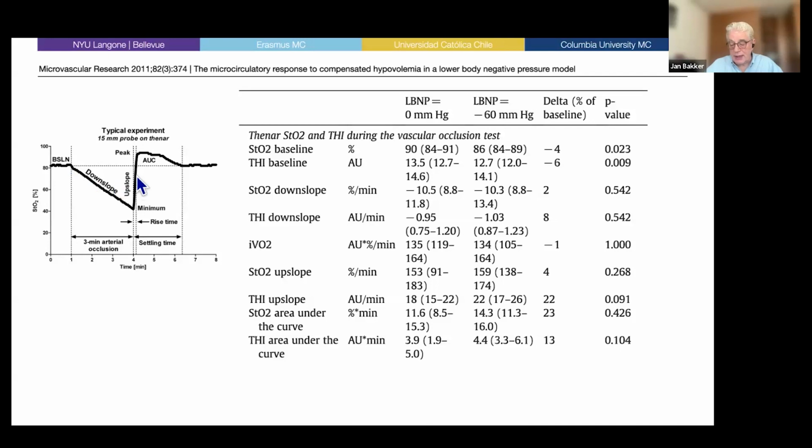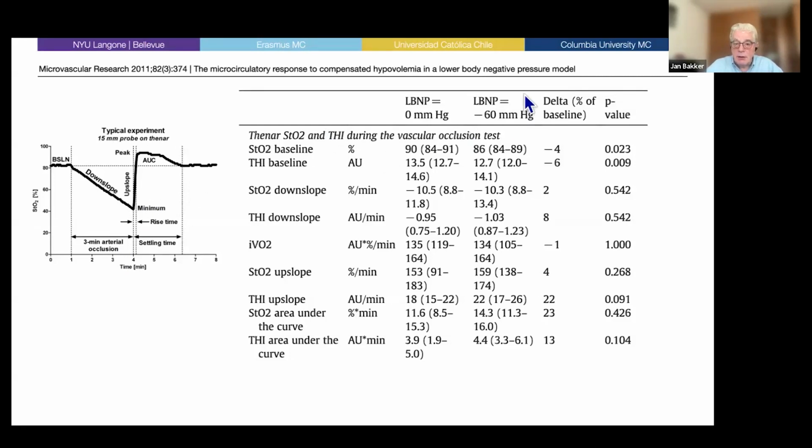You measure an index or a parameter of perfusion. In this case, we did StO2, for instance. You can also use near-infrared, that's the other one, THI. And then you open up the cuff again after 3 minutes in this case of arterial occlusion, and you have this reperfusion.